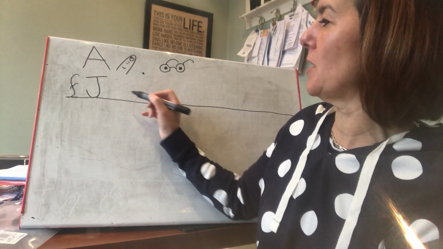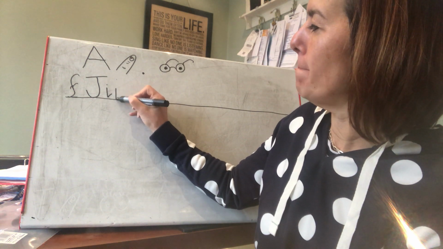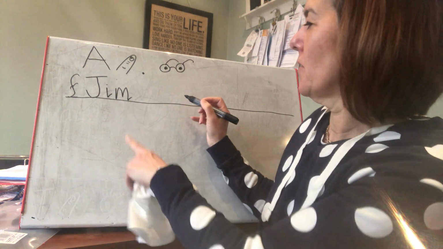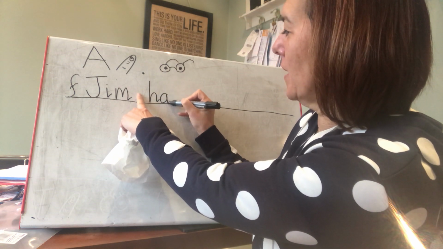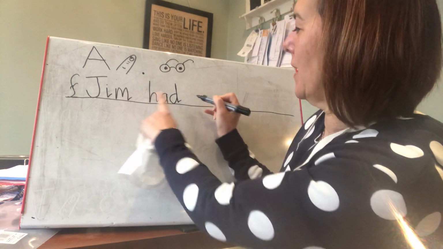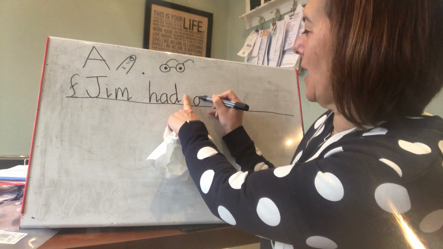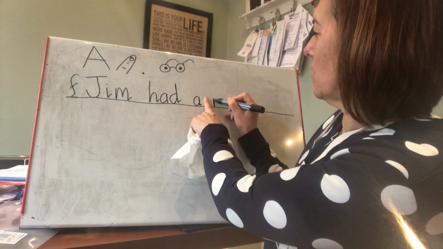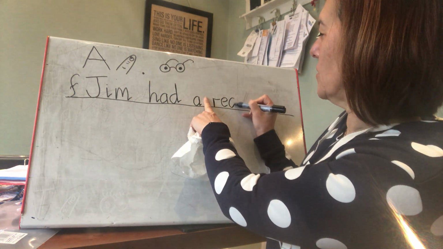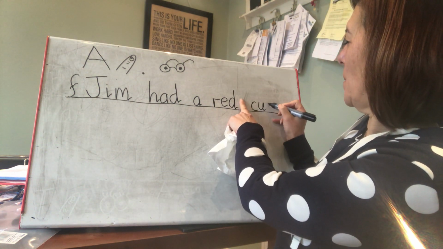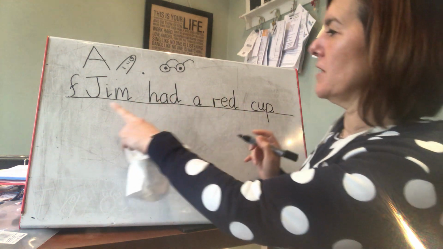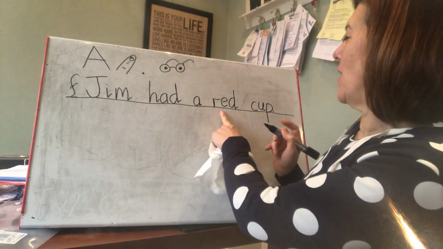I'll write it up. Jim, J, Jim, finger space, had, finger space, a, finger space, red, finger space, cup. Going to read it back. Jim had a red cup.